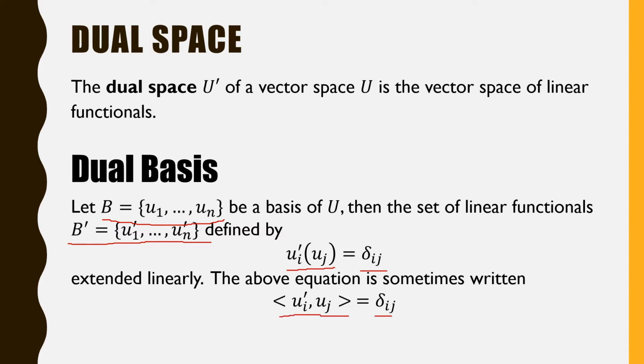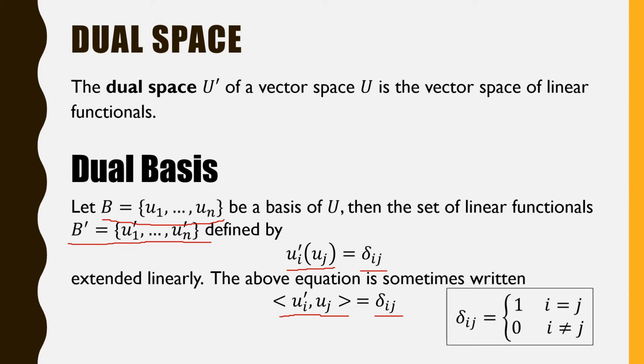Okay? This Kronecker delta is a fancy way of writing down the identity matrix, because delta ij will equal 1 when i is equal to j, but it's equal to 0 when i is not equal to j. That's what we call the Kronecker delta. Kronecker is a guy's name.